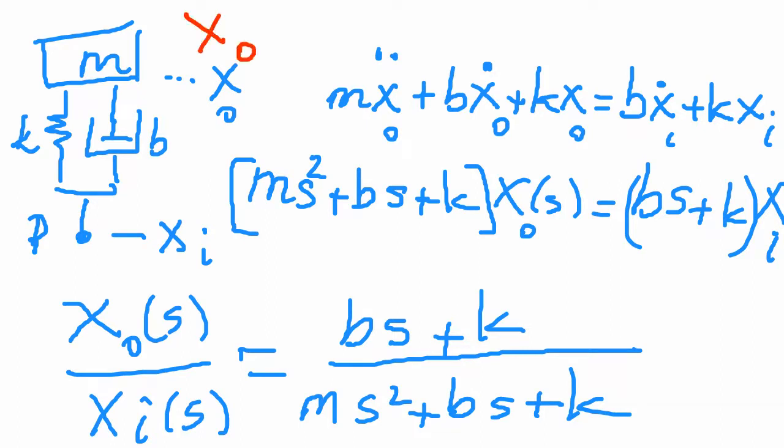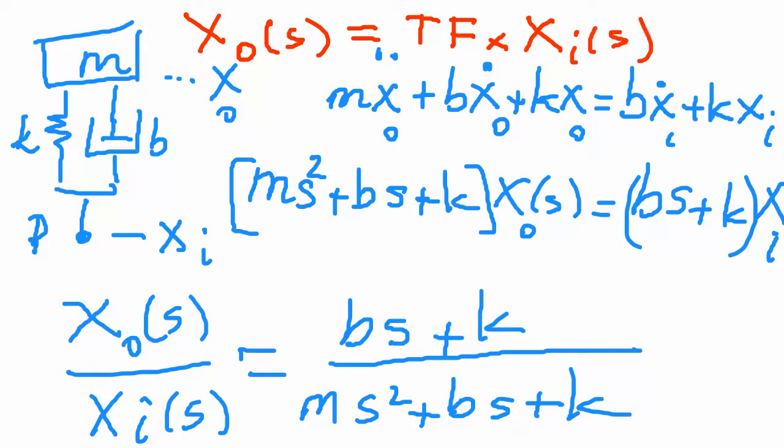XOS is equal to TF times XIS. This one is the transfer function, TF.